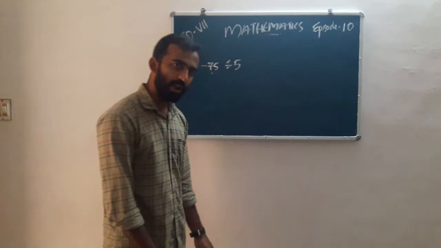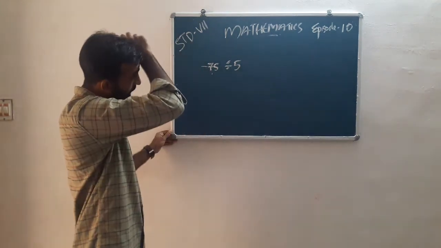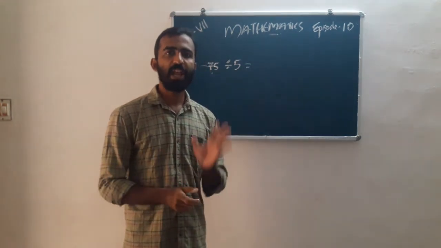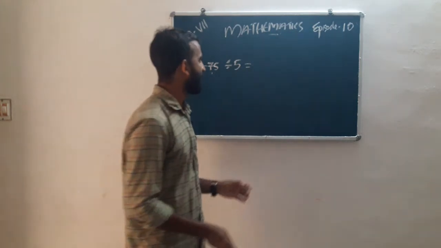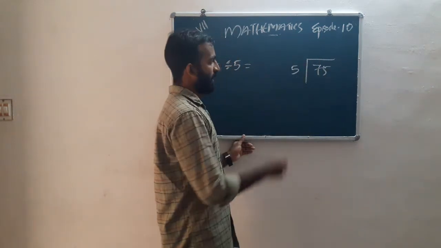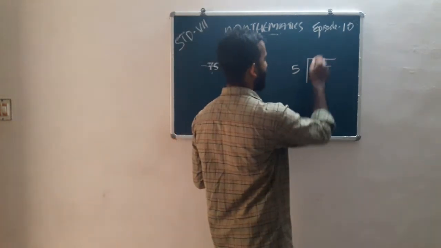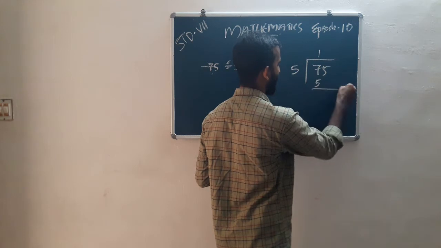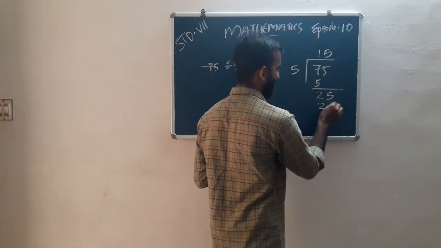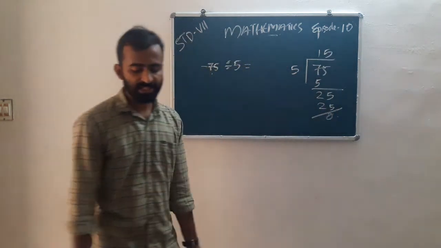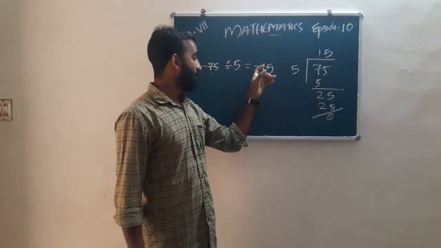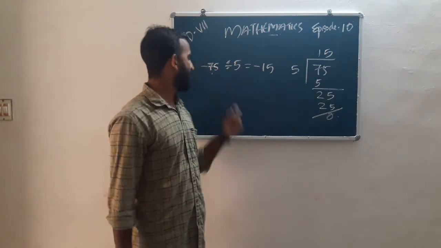The answer must be a negative integer. 5 into 5 is 25, and the answer is negative 15.